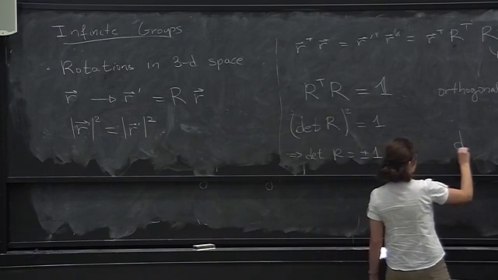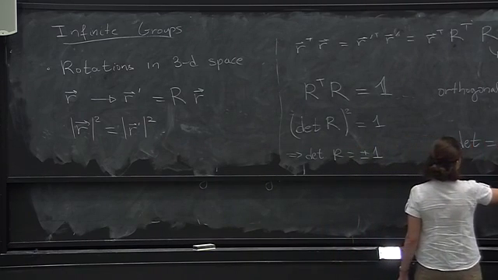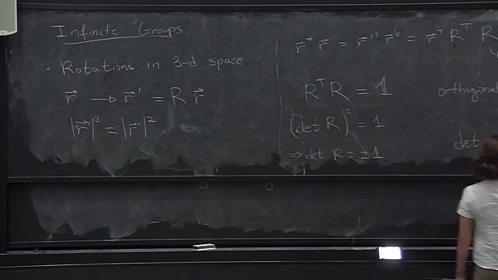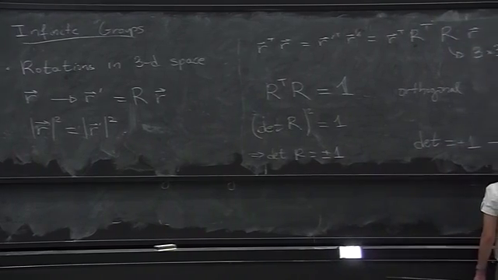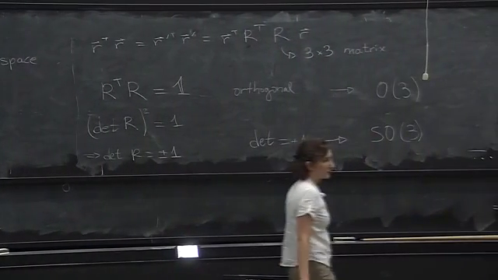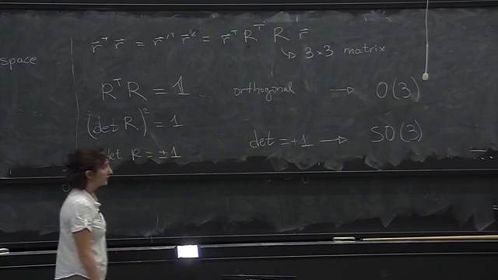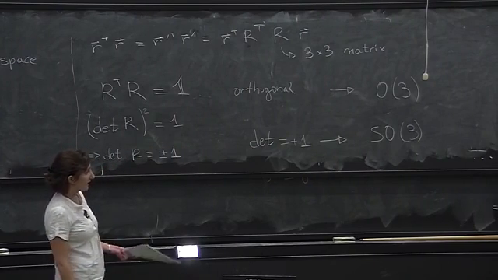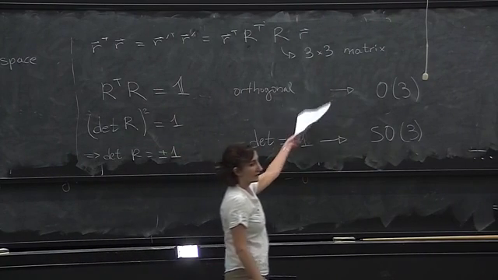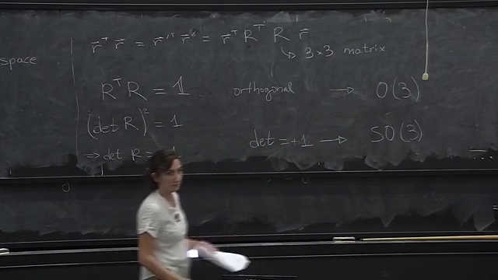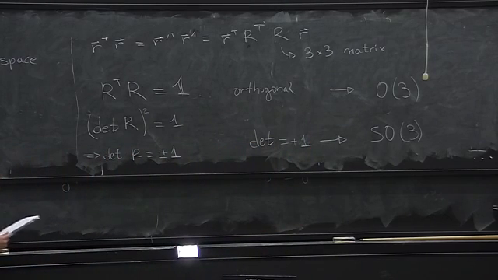If we choose the determinant to be plus 1, then we've got the special orthogonal group, SO3, which is the same as O3, but it does not include reflections. Okay?